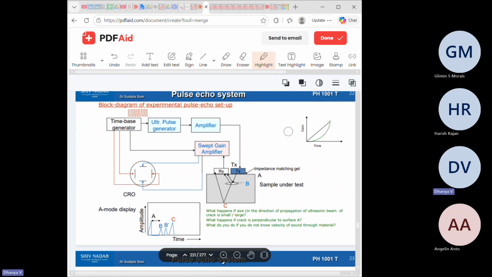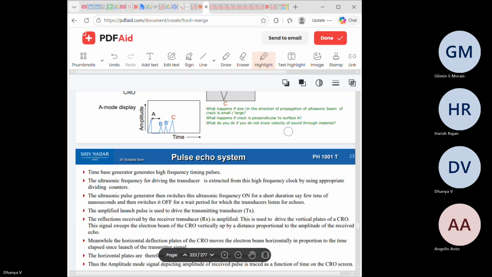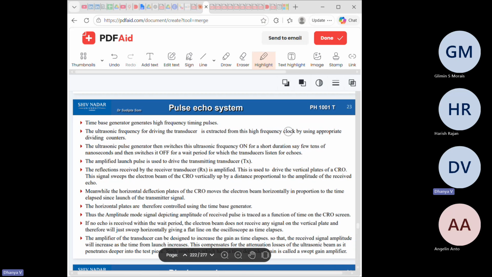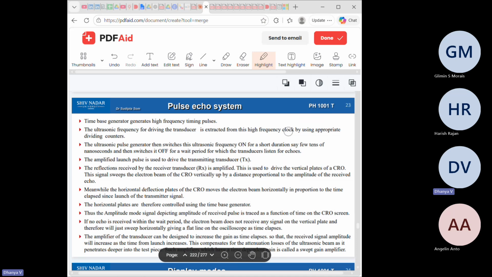Now your pulse echo setup. This is what will be asked for a 10 marker maybe for the first chapter, because everything seems important for a 10 marker. But if I had to say, you might get pulse echo versus equal loudness, or they'll ask you for piezoelectric and magnetostrictive.